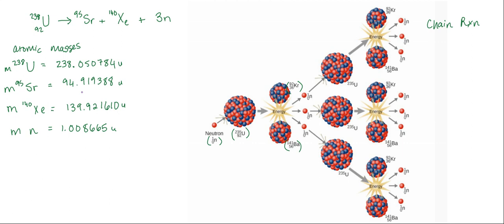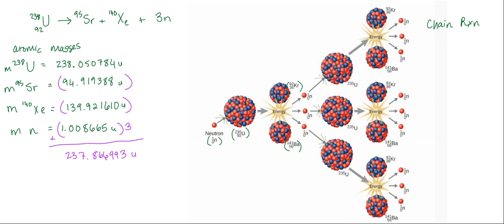And so what we're going to do here is take the mass of the strontium, the mass of the xenon, and the mass of 3 times this neutron mass. So I'm going to take all of these and I'm going to add them together. And what I get is 237.866993 unified atomic mass units.